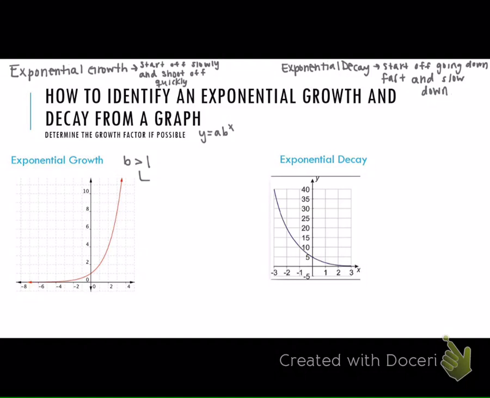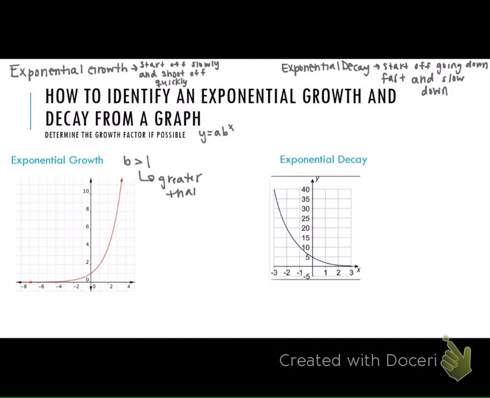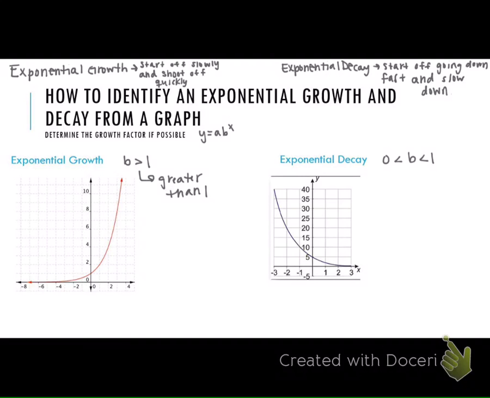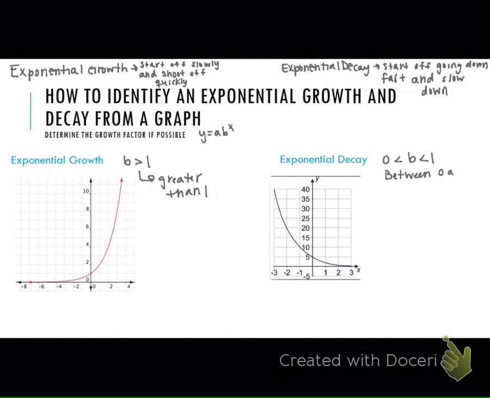So that's the greater than symbol. In exponential decay, your b value is going to be between 0 and 1.